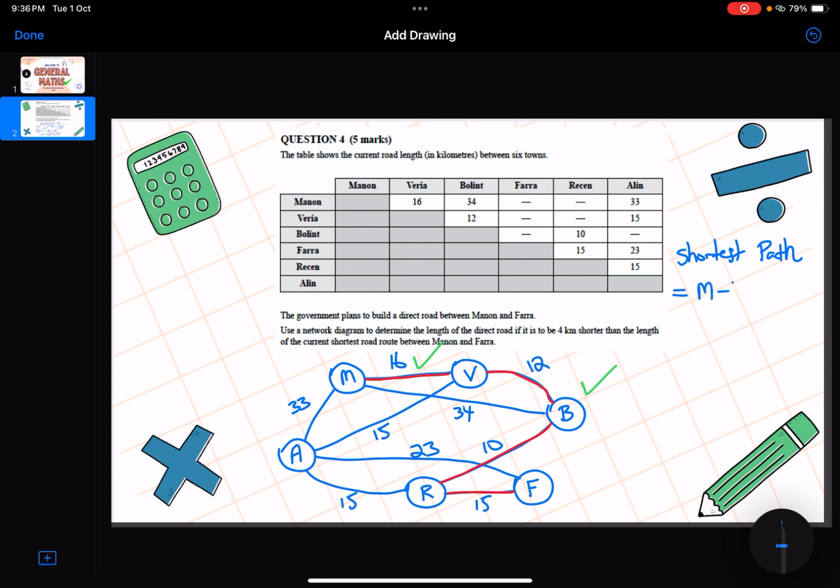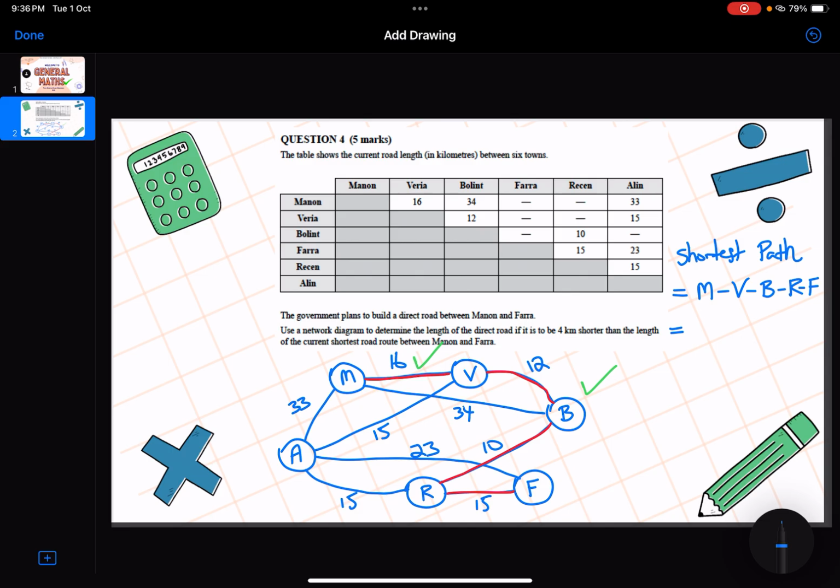So I went from Menin to Veria to Bollant to Recent to Farah. That's the shortest path.